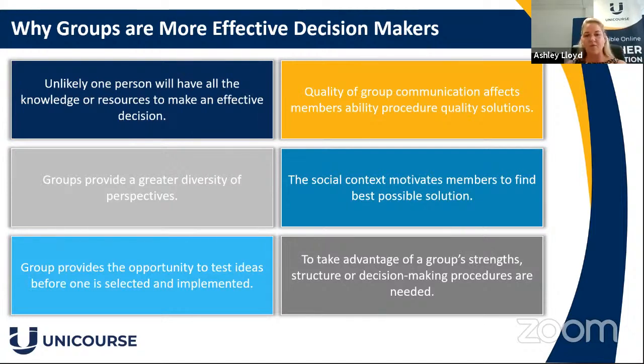Now, I provided some reasons here for that. One of the key points here is one person doesn't have as much knowledge and resources on a topic as 5 people. You're looking at the diversity and different people's perspectives there. You're looking at people's strengths and weaknesses and different thought processes.